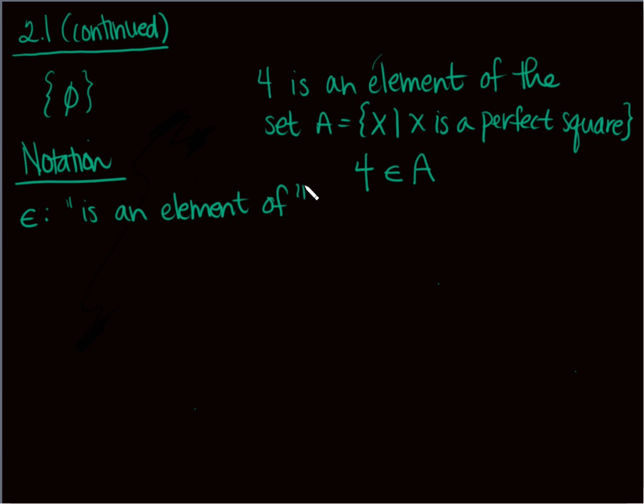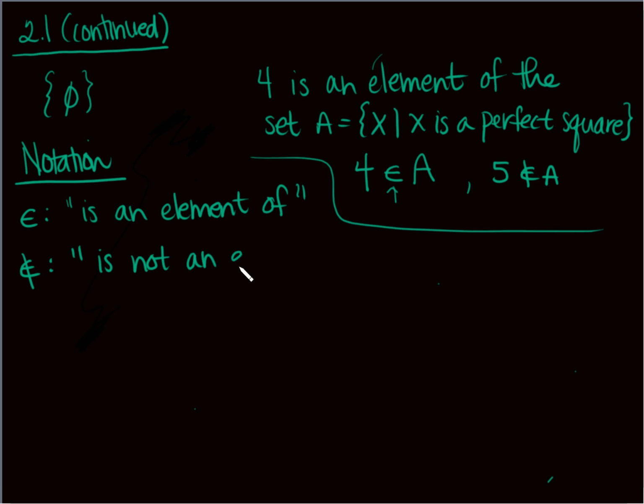So in my example here, literally what I would say is 4 is an element of the set A. We can also say things like 5 is not an element of A, which is similar to having a not equal to. This means is not an element of.